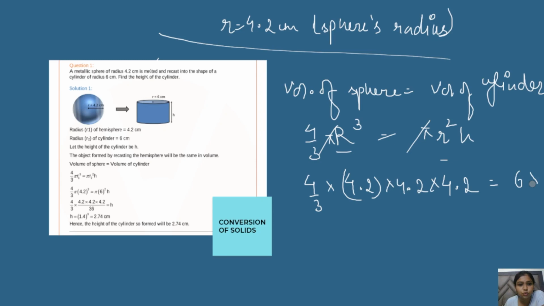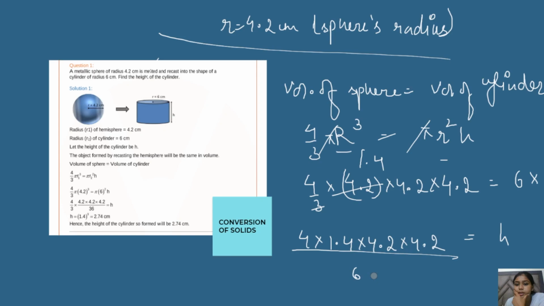So we have to find the value of h. First of all, just cancel them out. You will be getting 1.4. h is basically 4 into 1.4 into 4.2 into 4.2 divided by 6 into 6. I'll try to cancel them out. After cancelling them, we will be getting this.